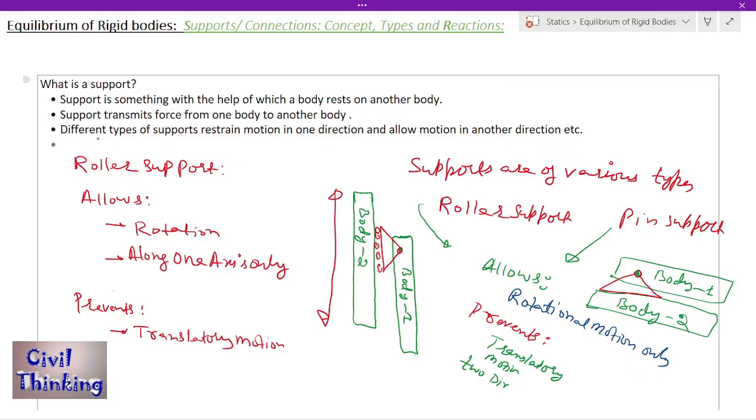That's why you have written here that different types of supports restrain motion in one direction and allow motion in another direction. Some allow rotation, some don't allow rotation, some allow motion in one direction, some don't. So different types of supports restrain or allow motion in different ways. So let's move on.